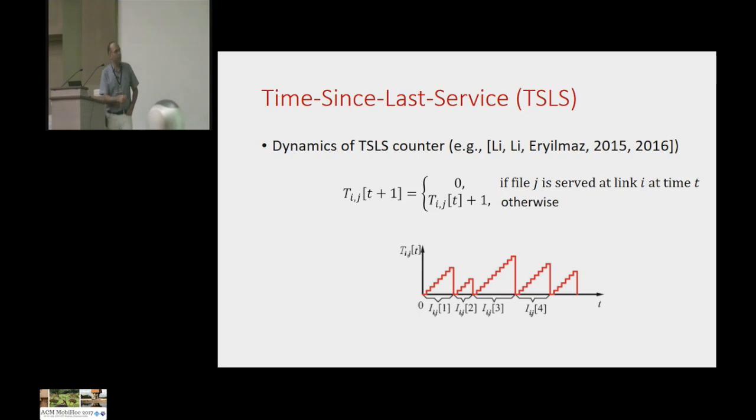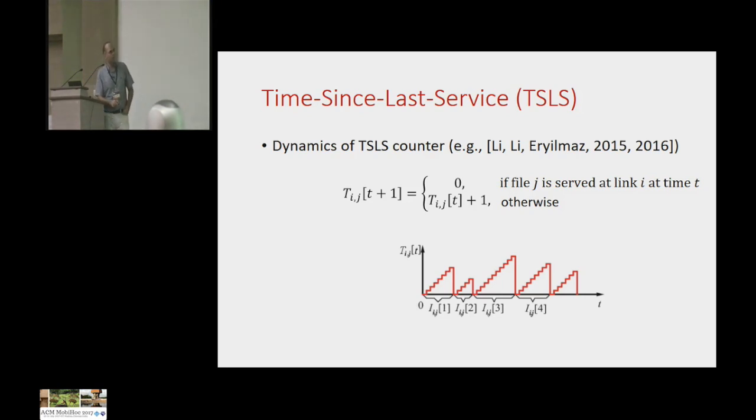The way this metric works is, for each file in the system at the time, say file j, there's a counter. And that counter is keeping track of how much time has passed since we last served a packet from that file. Okay, so that's the metric. It's not the age of the file, it's not the whole time it's been in the system, but just the time since it last received service.